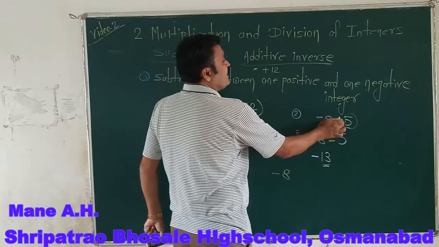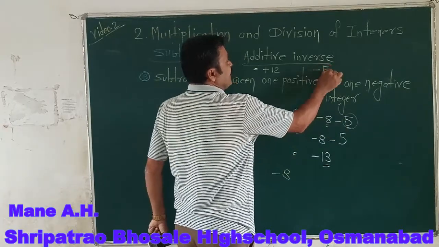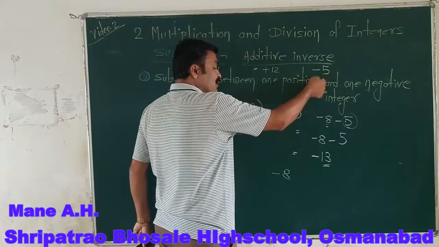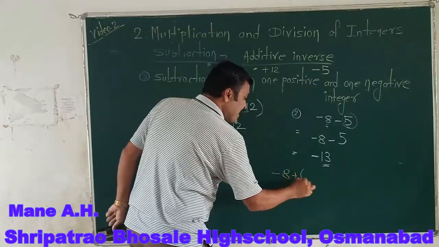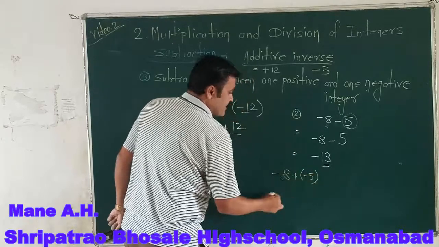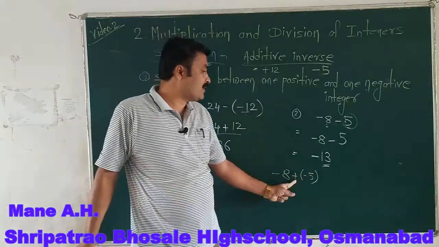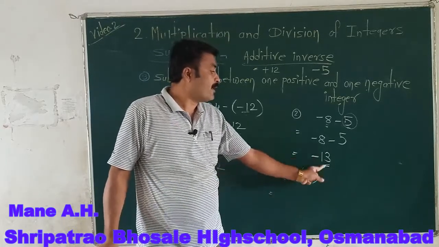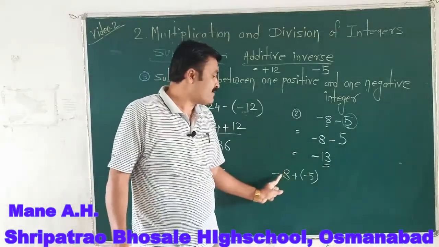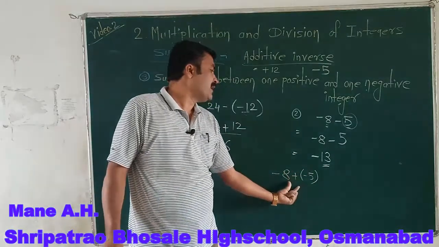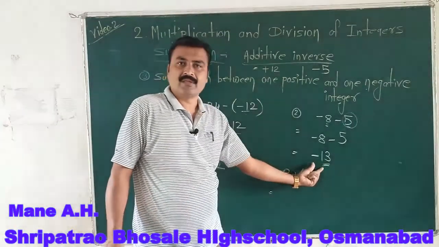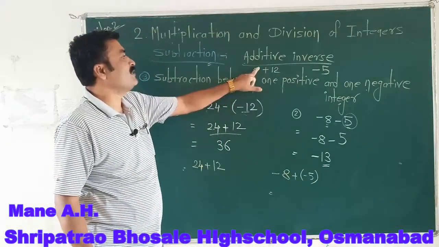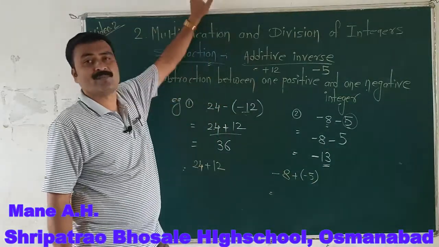So additive inverse of +5, that here I am writing as -5. तर हे -5 ह्या -8 मध्ये तुम्हाला काय करायचे प्लस करायचे. म्हणून ॲडिशनमध्ये दोन्ही निगेटिव्ह इंटिजर्स होतात म्हणून त्यांचं रेग्युलर ॲडिशन झालं. So -8 + -5, we get -13. This answer here. This is the concept that is always used in the subtraction process.